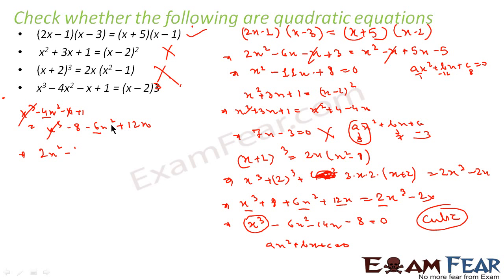So this becomes minus 13x. This is plus 1, this is minus 8, this becomes plus 8 here, plus 9 is equal to 0. So if you see, this equation is also of the form ax square plus bx plus c. So this is also a quadratic equation.